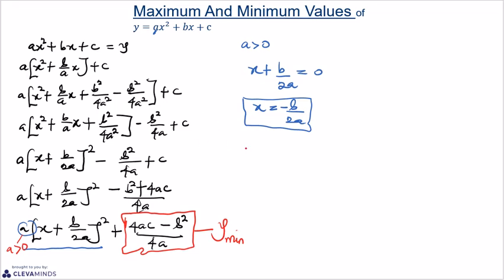So similarly, if a is less than 0, what that means is that the expression underlined will be negative. Are you with me now?